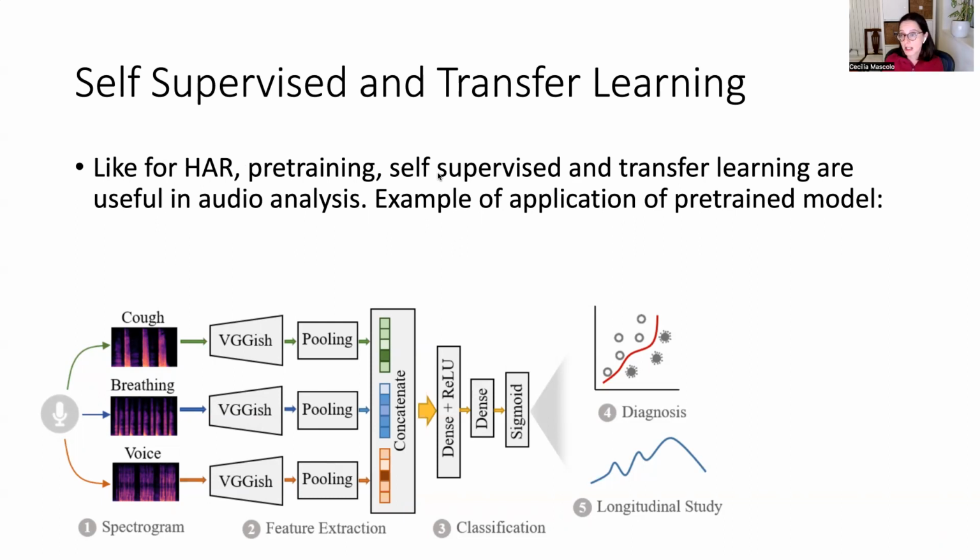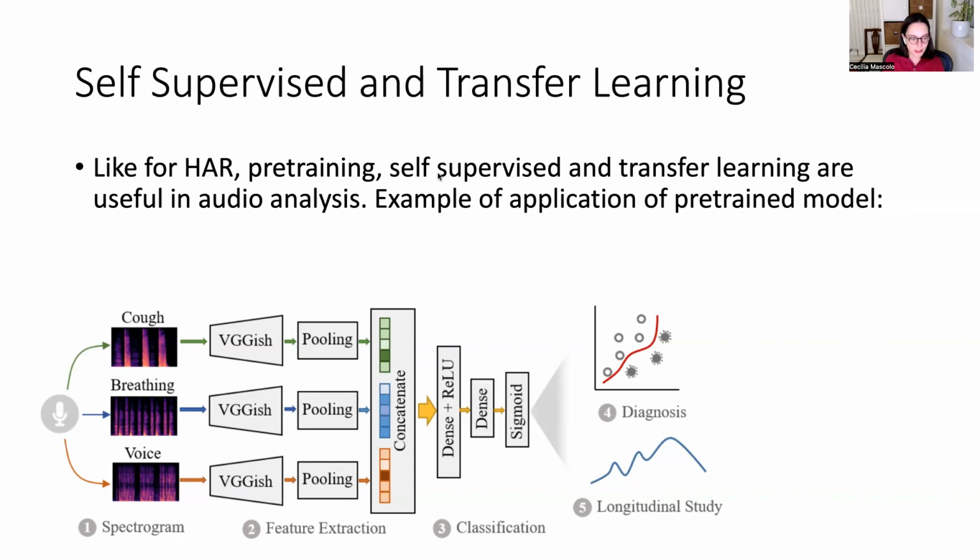Certainly it is true for heart as well as for many other respiratory and breathing data. The data collection is quite small. So it would make sense to use pre-trained models, self-supervised models or transfer learning also in audio analysis. And you will see some examples of that in the paper that I mentioned on the previous slide.